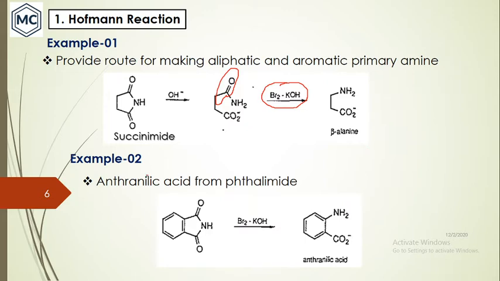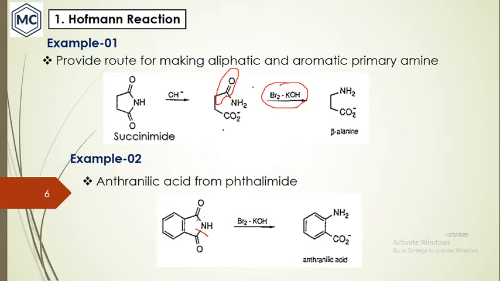For the second example, you can prepare anthranilic acid from phthalimide. This is phthalimide, a cyclic amide. In the presence of bromine and alkali, first it breaks this one, and it becomes RCONH2 and CO2 minus.